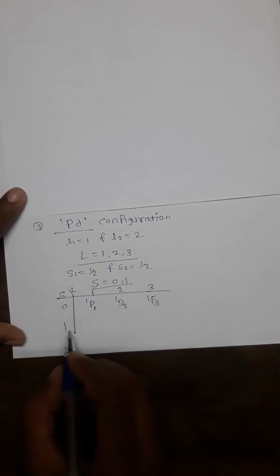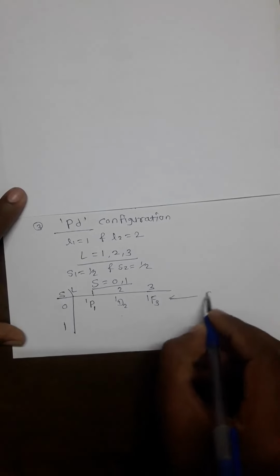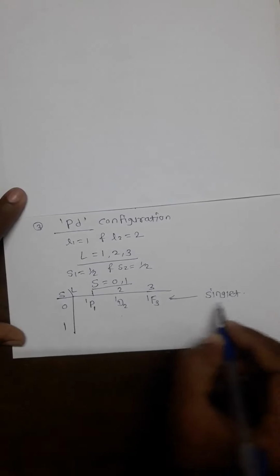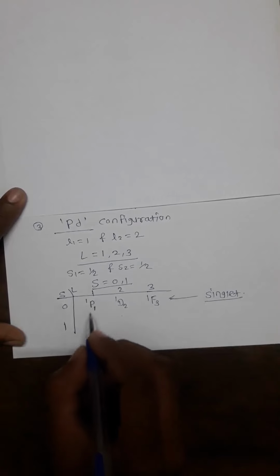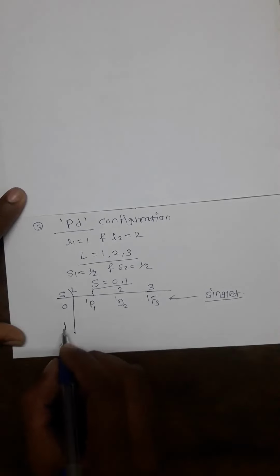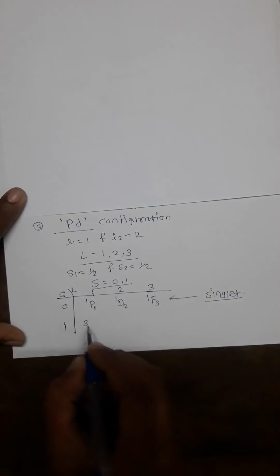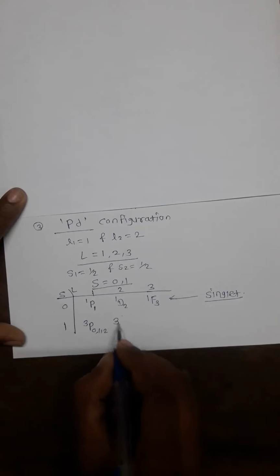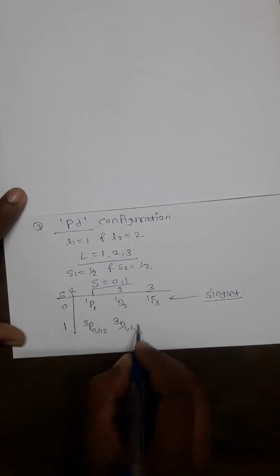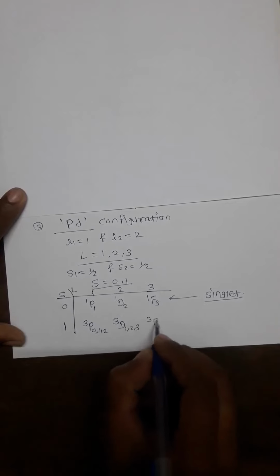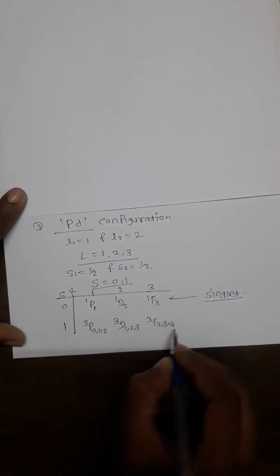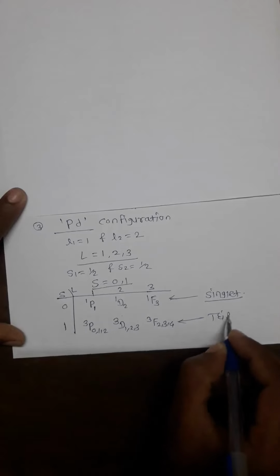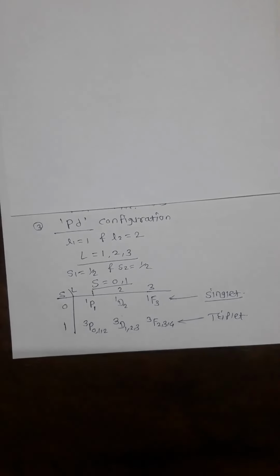This is the singlet state. Then the triplets, where S is 1: the triplet states are 3P with J 0, 1 and 2, then 3D with J 1, 2 and 3, and 3F with J 2, 3 and 4. This is your triplet state.